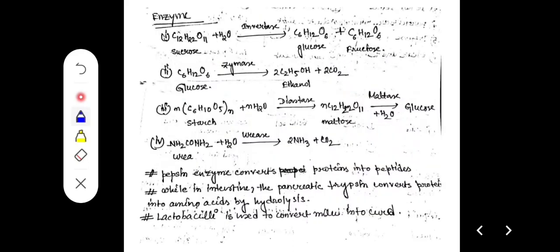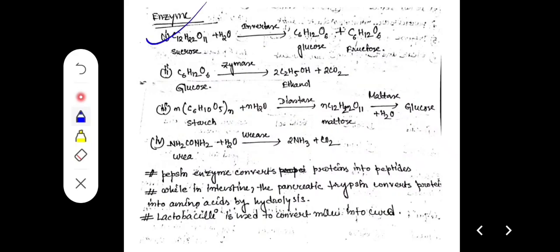Now we call enzyme. Enzyme is nothing but a biocatalyst, which is mostly found in humans, mammals, and many creatures, and also in plants. Enzymes are found little in plants, but some enzymes are found in plants too. Some examples are given.